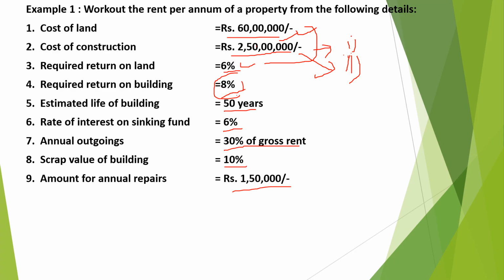Now another thing is given to you: the estimated life of the building is 50 years, the rate of interest for sinking fund is 6%, and the scrap value of the building is 10%. If the scrap value of the building is 10%, it means 90% of the construction cost is to be accumulated as sinking fund, meaning you have to accumulate a sum of 2 crore 25 lakh.